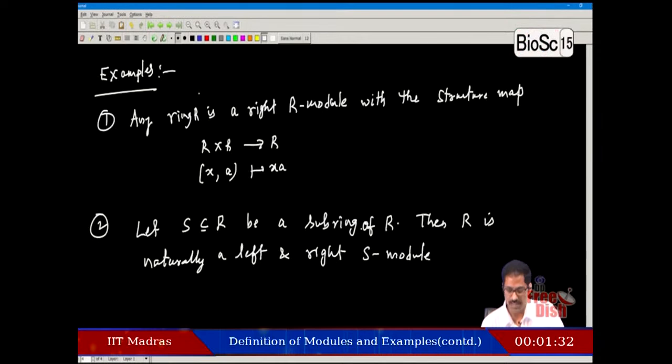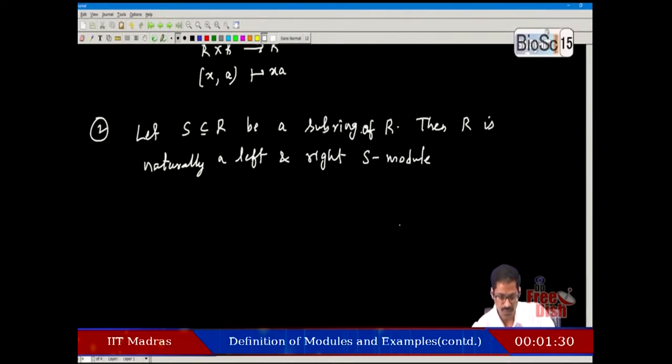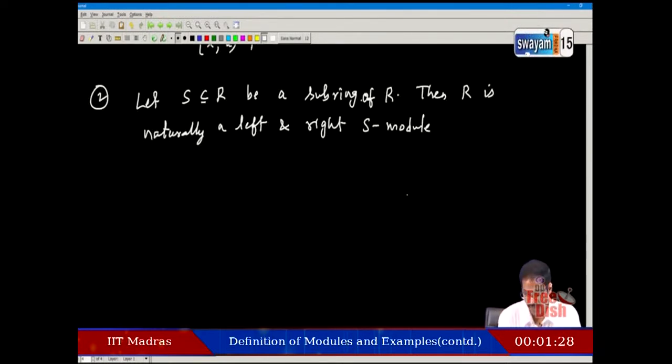How is it naturally a left and right S module? For the left, this is the left module structure.